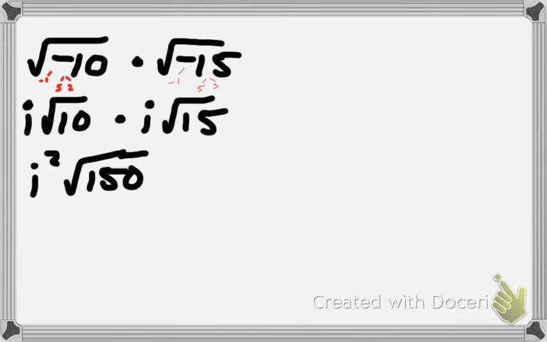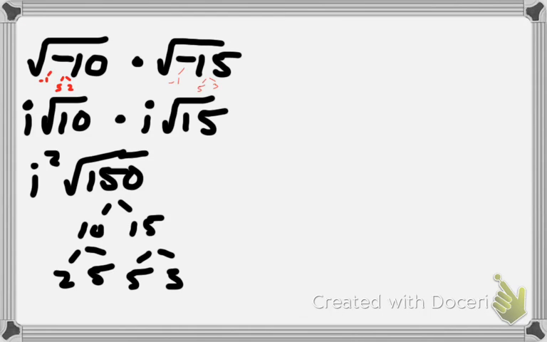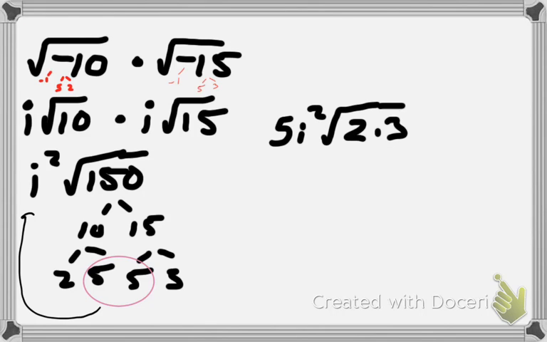Well, I know what 150 is because I just multiplied two numbers together to get 150. 10 and 15. And those break down into 2, 5, 5, 3. I've got them written up there in red, what they break down into. Pair of 5s comes out with the i squared.